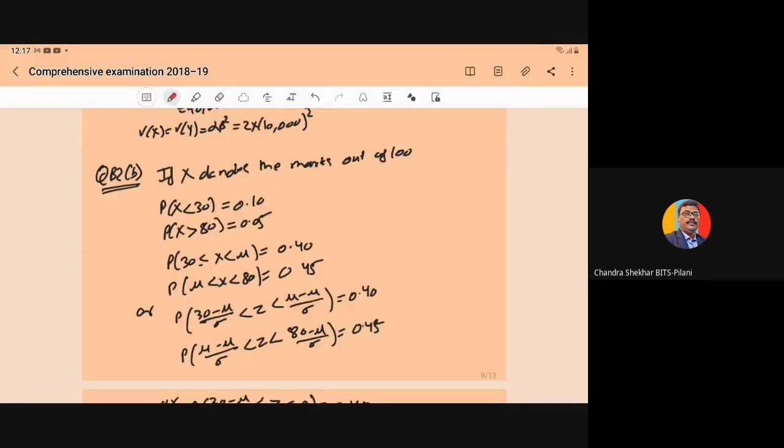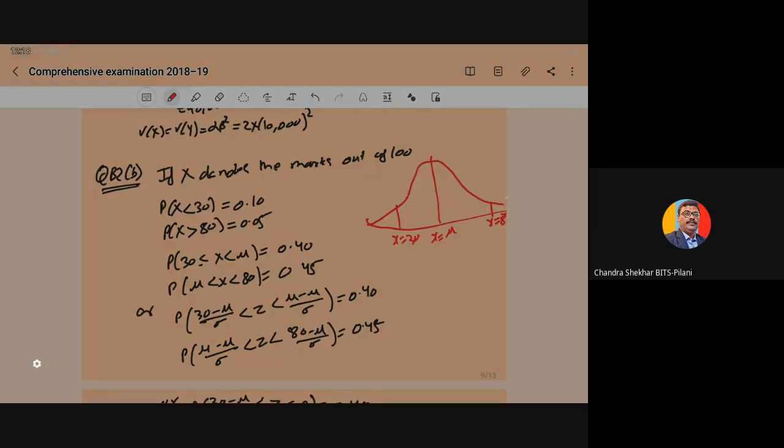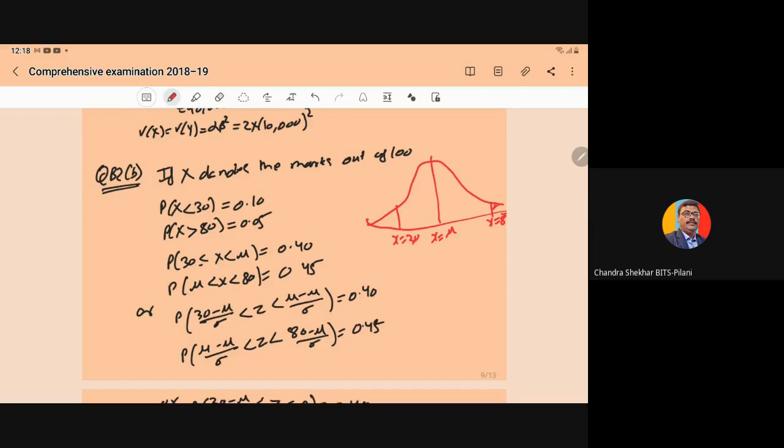So in this case, what information do we have? The marks are distributed normally. Here we have the average marks, x equal to mu, and here x is equal to 30, and here x is equal to 80. Over x equal to 80, we have 5% area, and below 30 we have a total of 10% area.